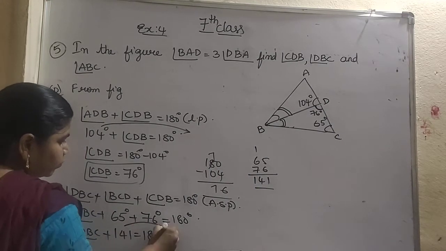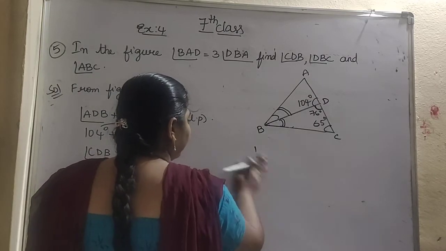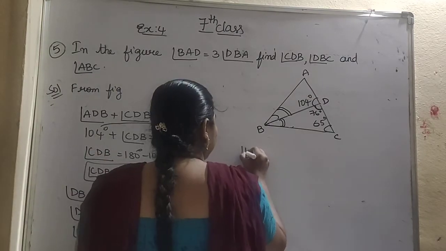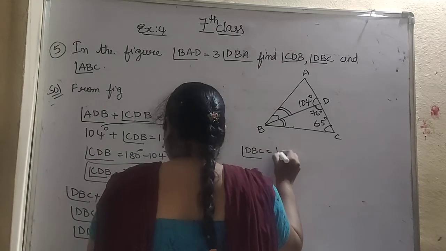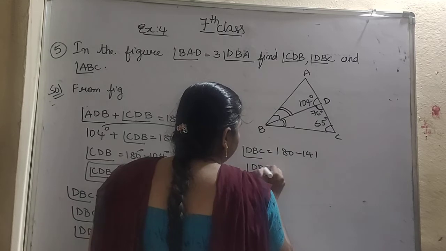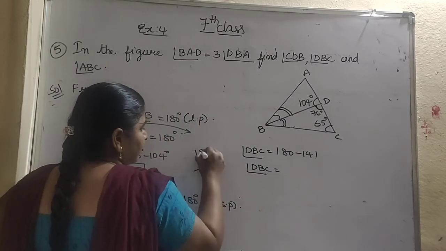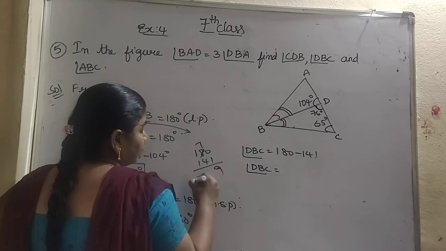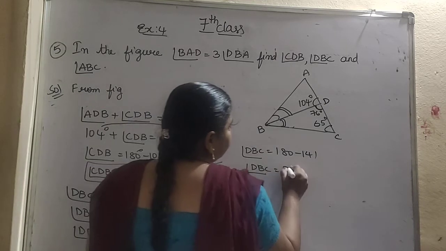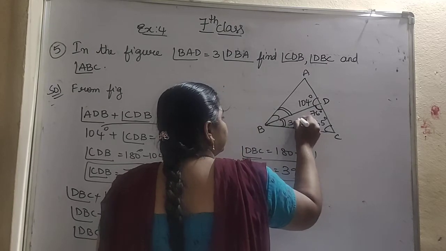Transposing this 141 to the other side, it becomes subtraction. So angle DBC is equal to 180 minus 141, which is 39 degrees.